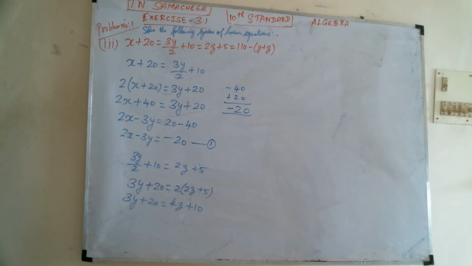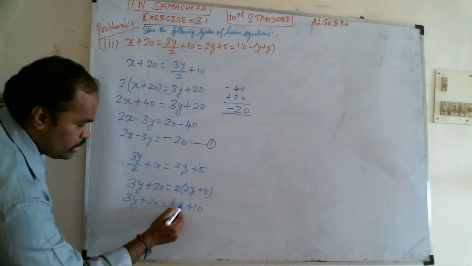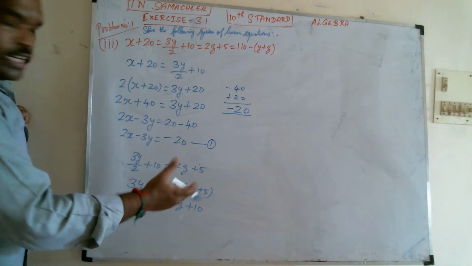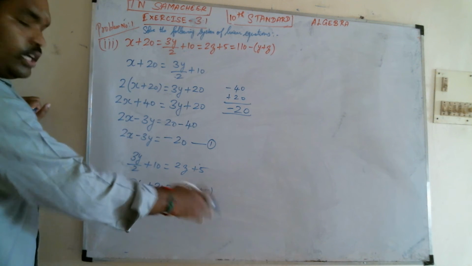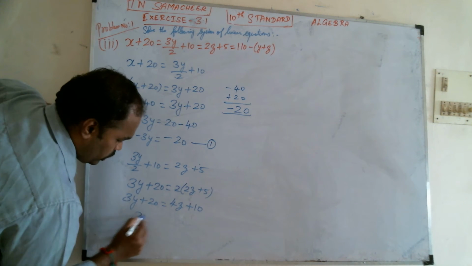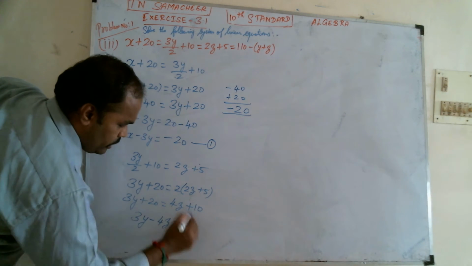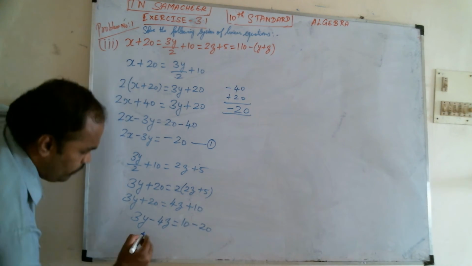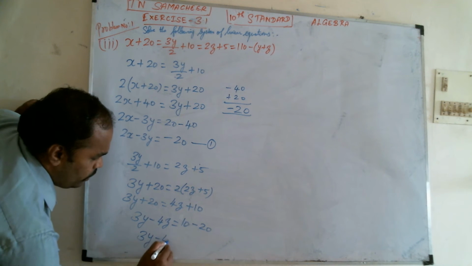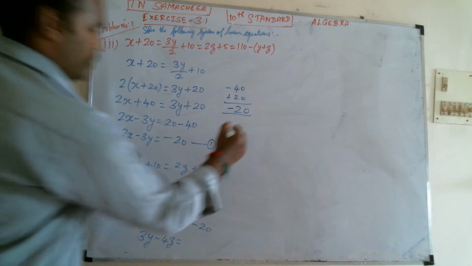So next thing is, how are we going to do it? The variables we need to separate on the left side. Numbers we can put on the right side. So 3y minus 4z is equal to 10 plus 20, if it comes to the right side, minus 20. 3y minus 4z is equal to 10 minus 20. How much is that?